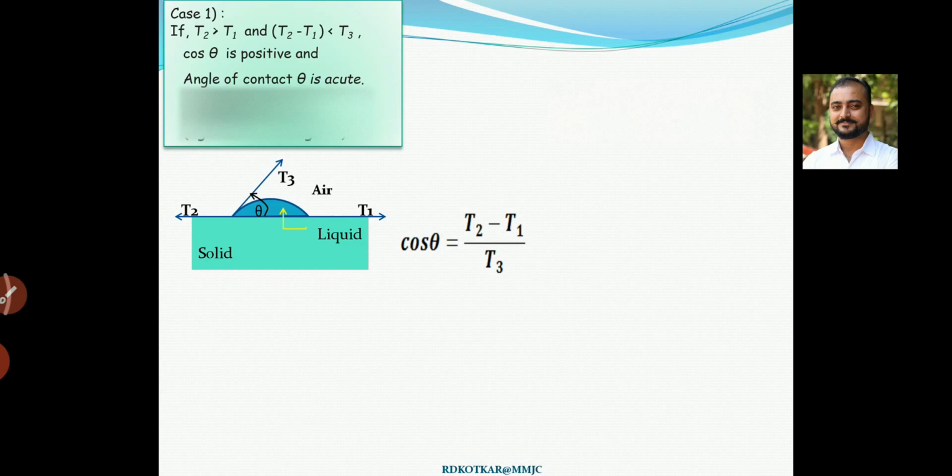Because of that, cos theta becomes positive and less than 1. So the angle of contact theta is acute, because everyone knows the value of cos theta is less than 1, and so kerosene in a glass is the example of this case.